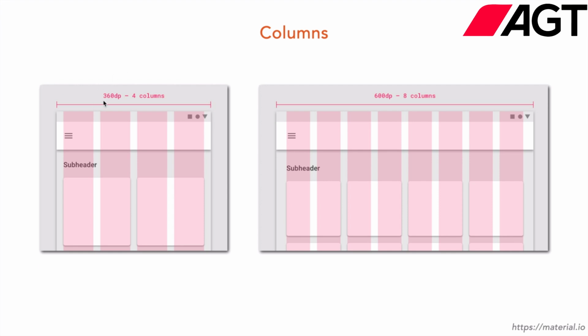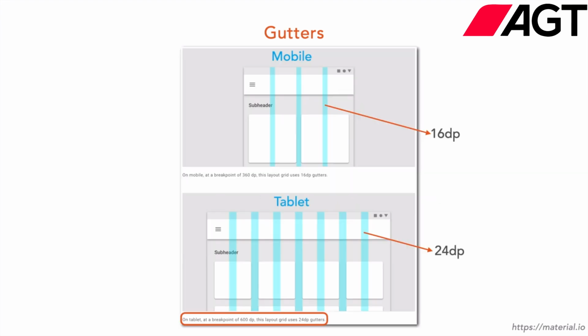For example, here a 360 dp screen is recommended to have 4 columns, whereas a 600 dp screen is recommended to have 8 columns. So you are actually dividing the screen into a number of columns based on the screen size.